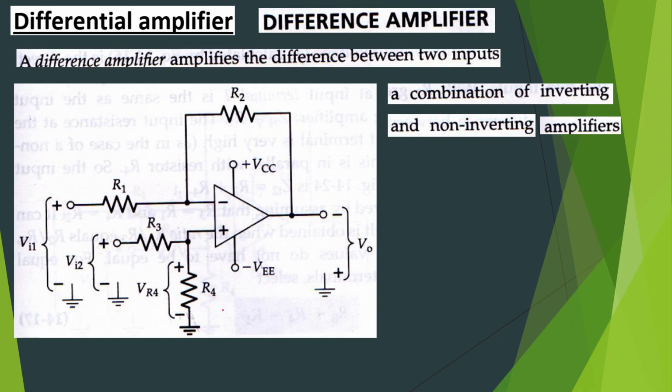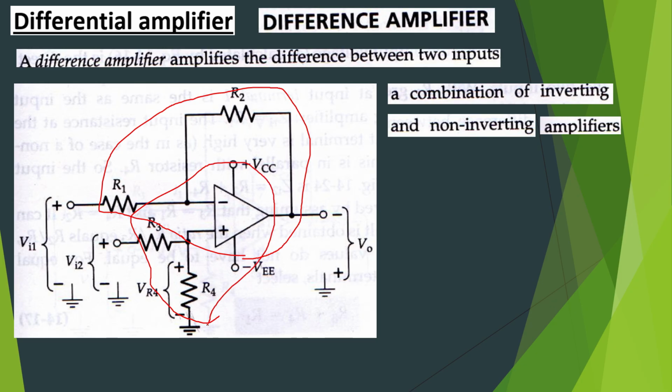So what we can say is that R1, R2 and this op amp form the inverting amplifier, whereas R3, R4 and this operational amplifier form the non-inverting amplifier.